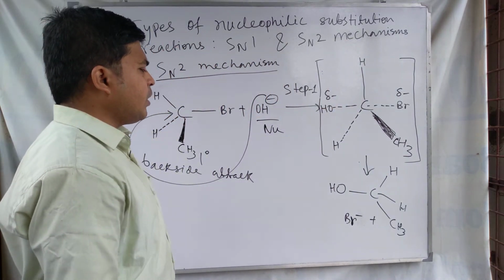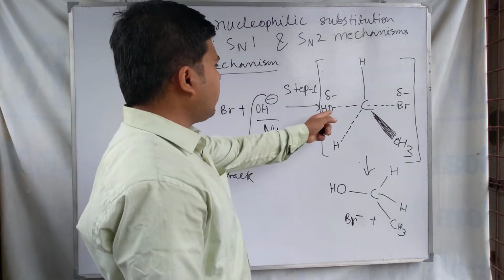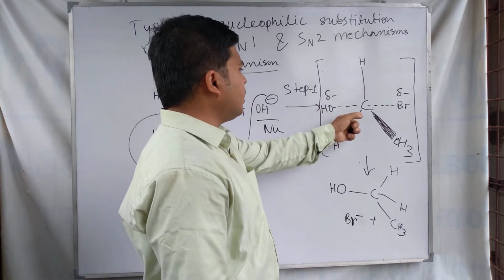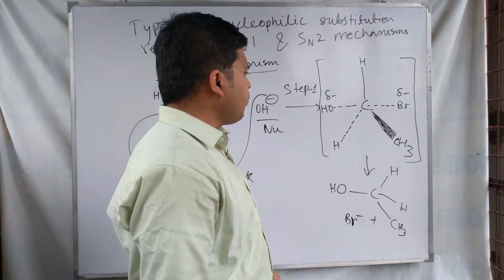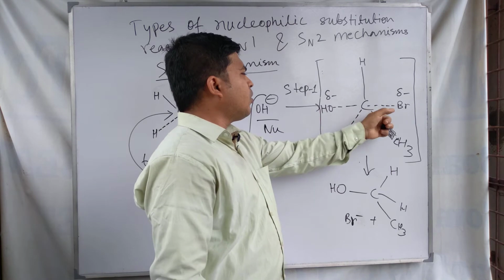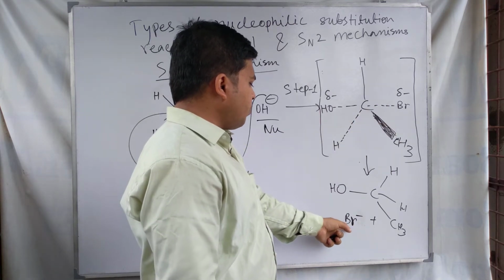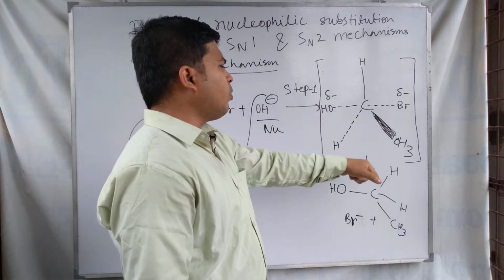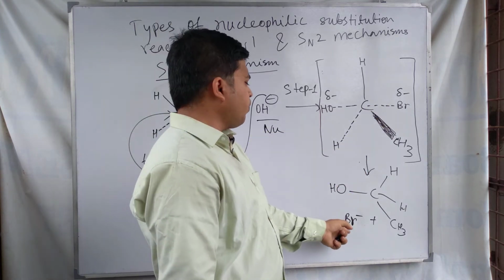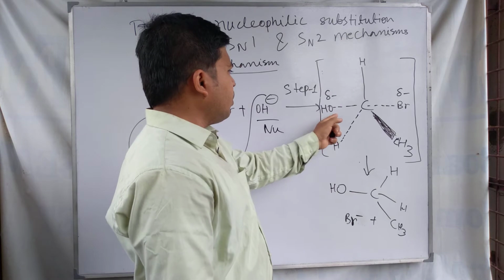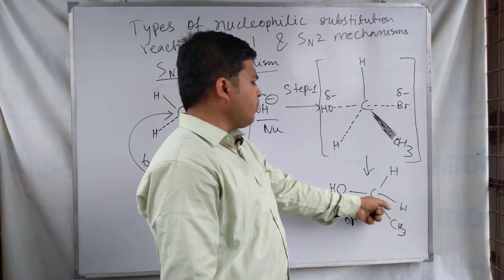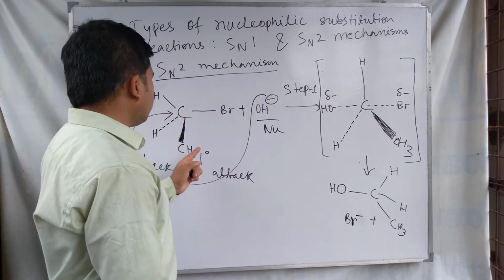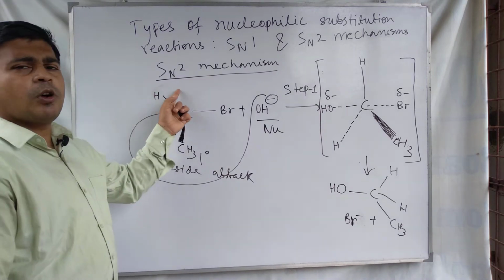Look at this product. The OH group has replaced the bromine, the carbon bromine bond is broken, and Br minus is leaving from the molecule as a good leaving group, and the OH group is forming a bond with this carbon atom, and this product is formed from this reactant molecule.